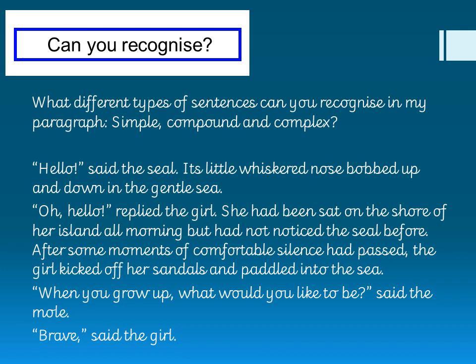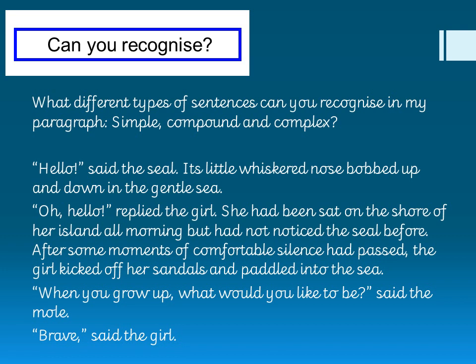And finally, after some moments of comfortable silence had passed, the girl kicked off her sandals and paddled into the sea. What are the clues telling you about that sentence? A couple of clues that could help you see that this is a complex sentence.